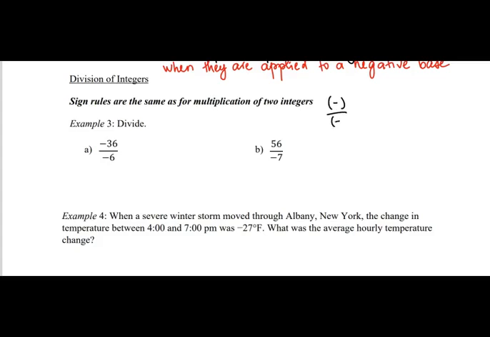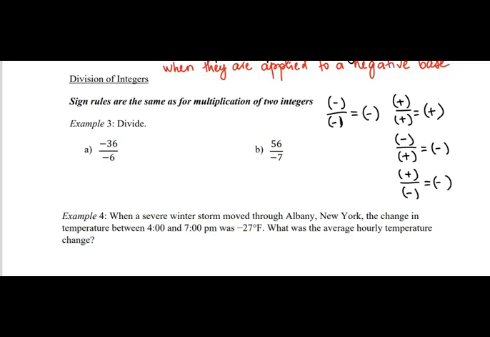Negative divided by negative equals positive. Positive divided by a positive equals positive, and negative divided by a positive equals negative. Positive divided by a negative equals negative. So those are our rules.